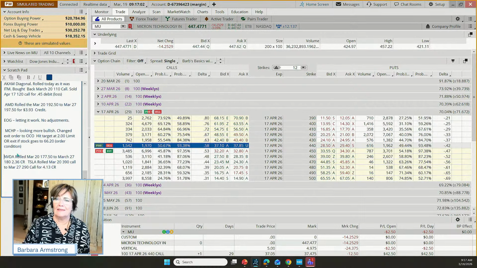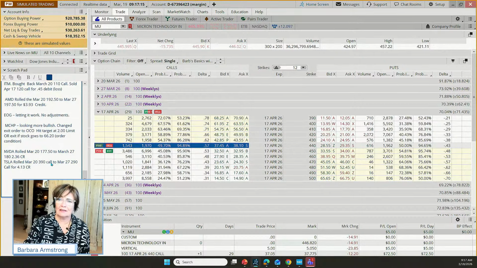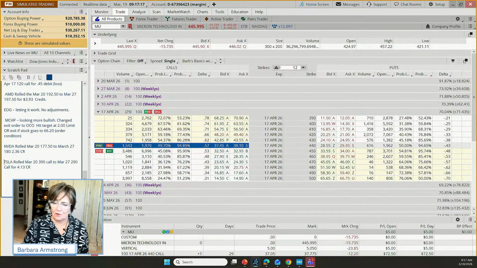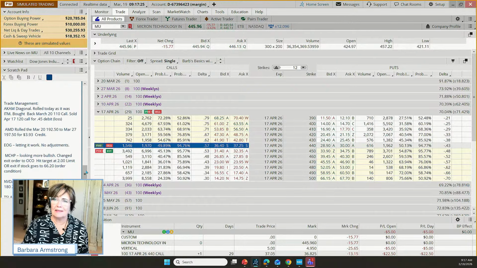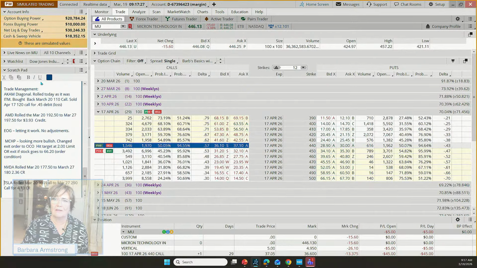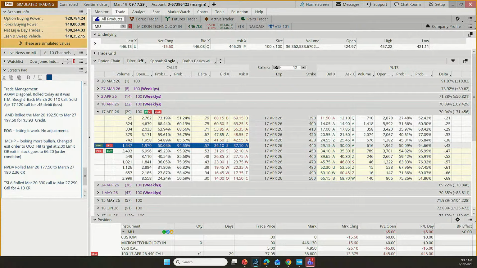And then NVIDIA was rolled out a week, from the 20th to the 27th, and to a higher strike for a credit of 236. And last but not least was Tesla, and that was rolled as well. I didn't participate in putting these on, but these are examples of how somebody might manage these trades that Connie wanted to share with you.